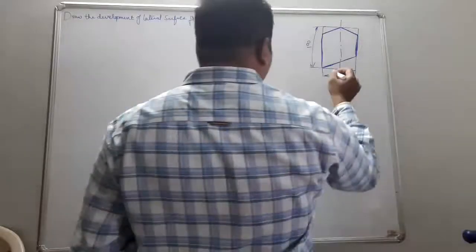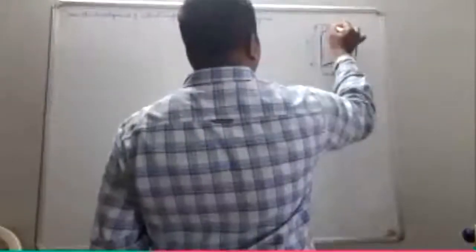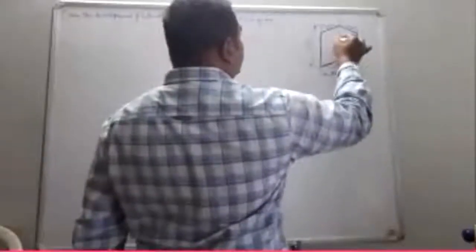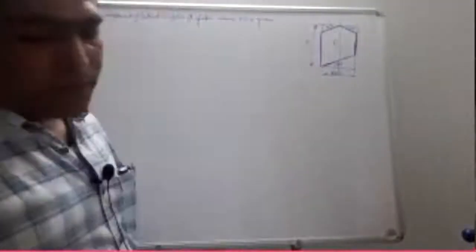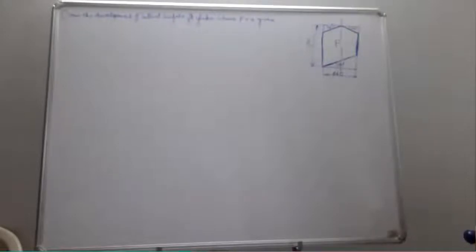This is 30, this is also 30 degrees, and here it is 40 degrees. So this is my part B. Students, is it clear now? That was the problem. He just gives the part B and we have to develop it.